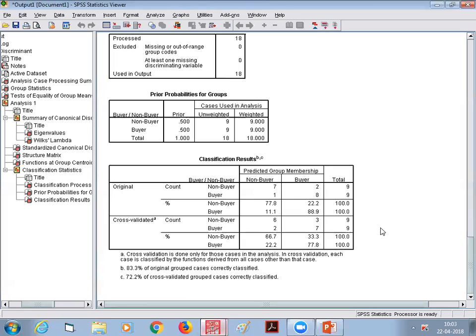In the buyer group, 7 correctly classified, 2 misclassified. It means here the accuracy level is 66.7, here 77.8. When you take the average, it will come around 73, 74. So it's quite good, reasonable. If you get an accuracy level above 65, 70 in your model, that is reasonably good. That means your model is able to classify into 2 categories.